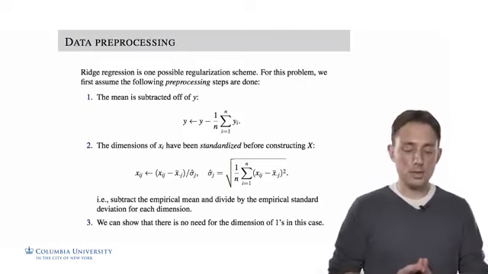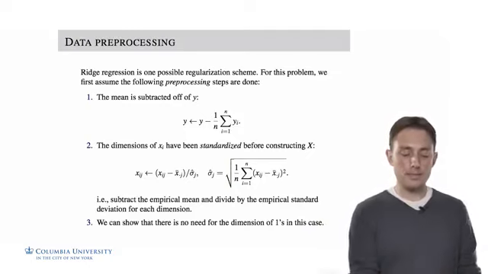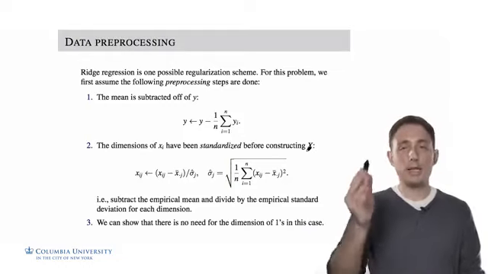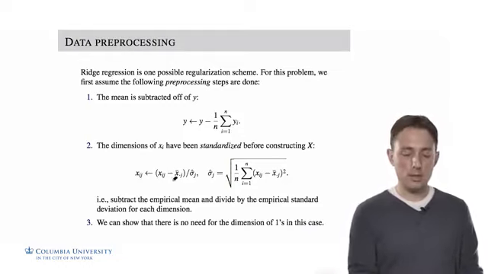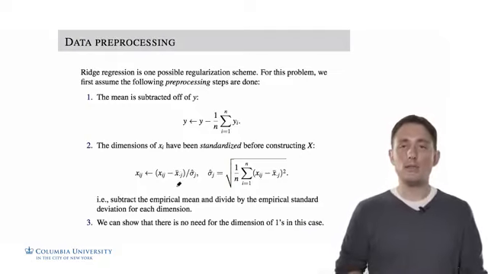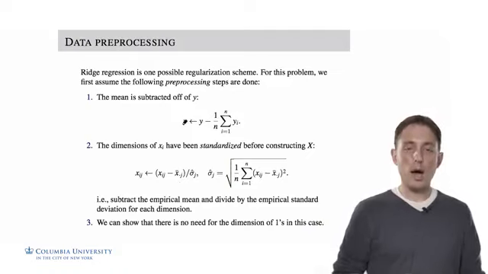It's a very simple procedure. We take the matrix X. In this case, we could think of taking the matrix X and subtracting the mean off of each column, which is what this is saying. So take each x in the jth dimension, subtract the global mean of that dimension, and then divide by the variance of that dimension. And similarly, we take the outputs y and subtract off the mean.